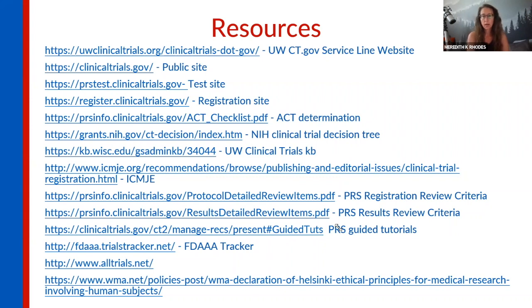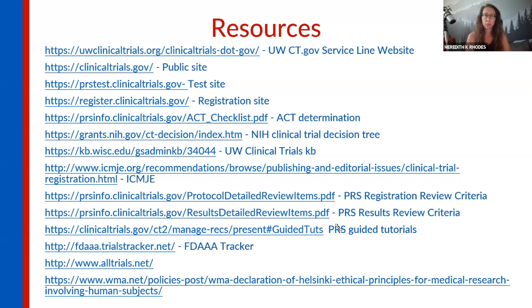Those resources on our website are very great background information, a great foundation for the purpose and the process of registering trials to CT.gov. If a study needs to be updated, the study team is entirely empowered to do that themselves.